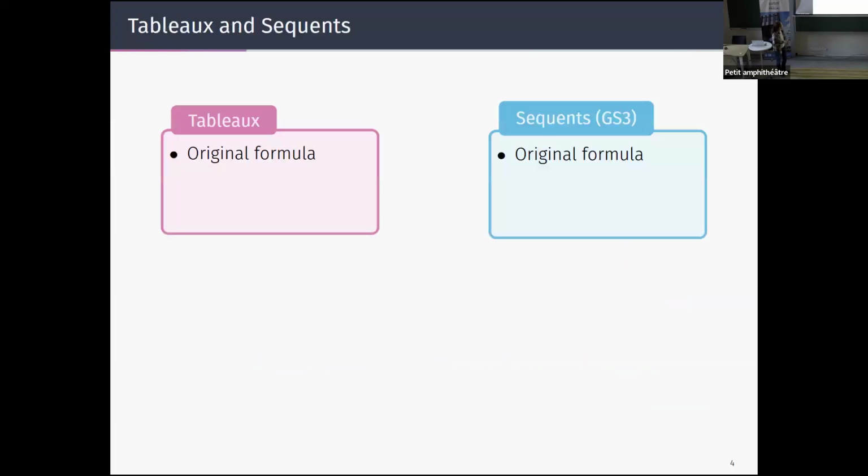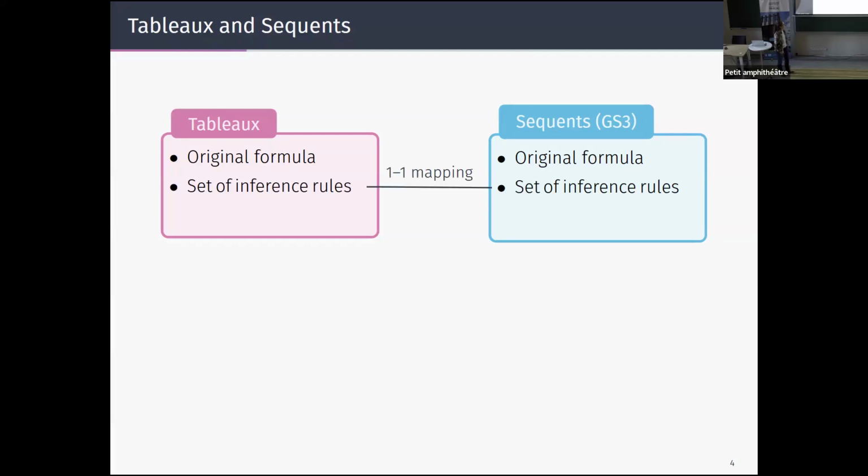So I decided to use this ability to make proofs that can in turn easily be turned into machine-checkable ones. And in order to do this, I need sequents. Tableau and sequents are very close to one another. They are both proof systems that work with the original formula. So no clausification, no strange preprocessing, just the original formula. And they both work with a set of inference rules, which luckily are very similar.